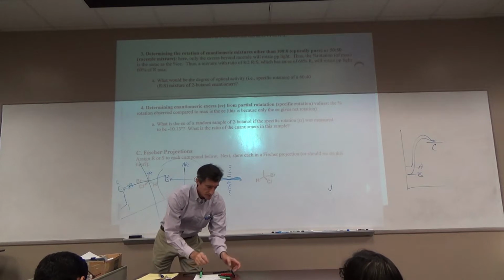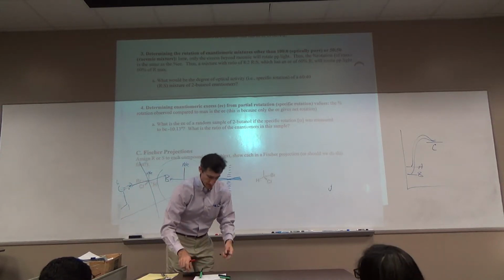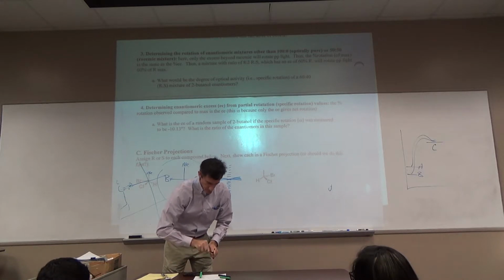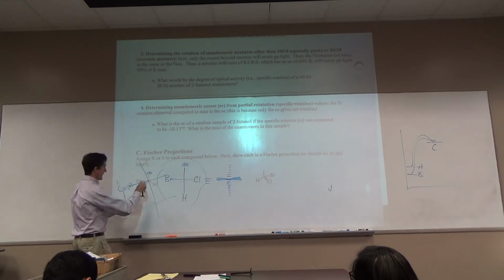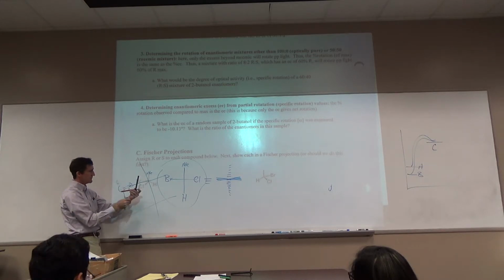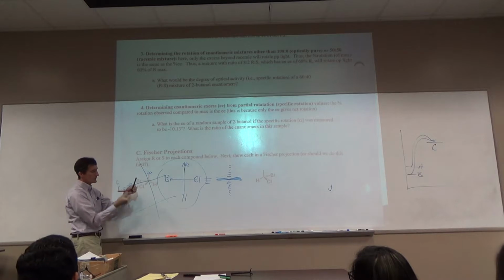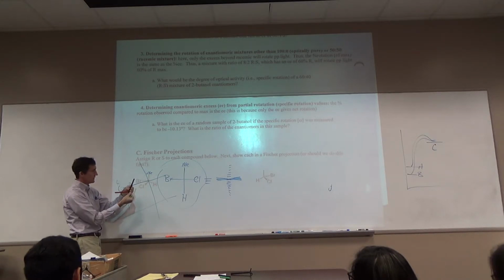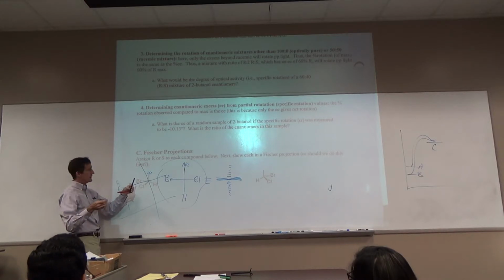Let's make a model and see. Here we got a carbon and H. Here's the compound. Carbon coming straight up. Little H there. Bromine, chlorine red coming towards you.